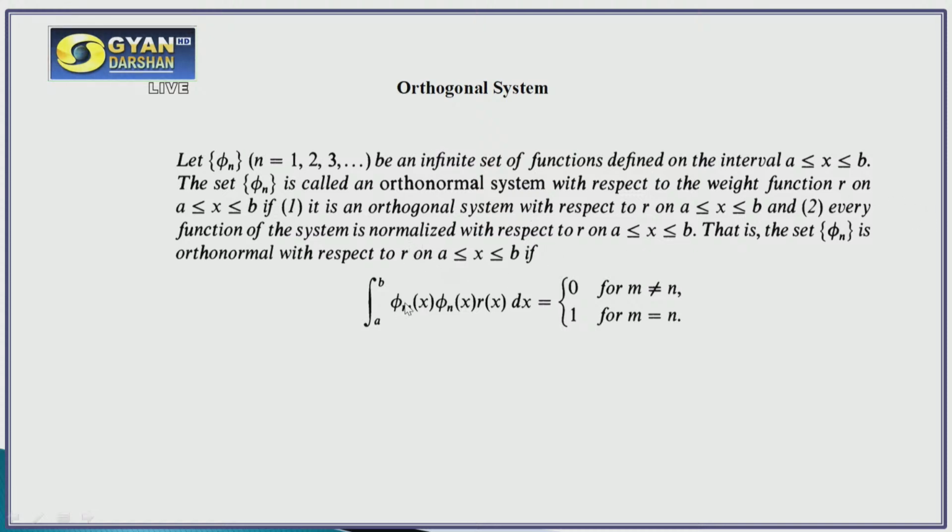The function is normalized and the system is orthogonal. That means if you take any two different functions and integrate with respect to this weight, it will lead to 0. So if you combine these two definitions, you get this definition under this integration: when m not equal to n, it leads to 0, and when m equal to n, it leads to 1. Then we say this set of functions is an orthonormal set of functions.